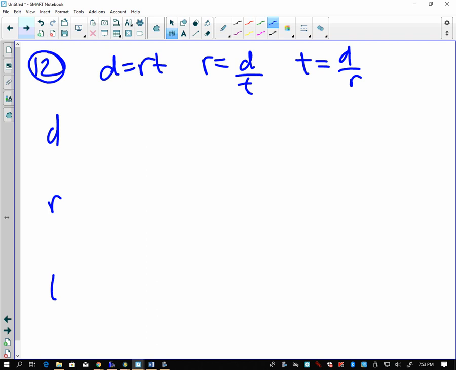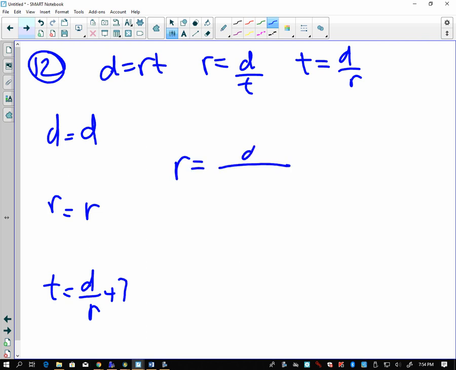Herd stampeded D feet, R feet per minute, and arrived at the OK Corral 7 minutes late. So my time is D over R plus 7. How fast should the herd have stampeded to have arrived on time? So how fast is R?